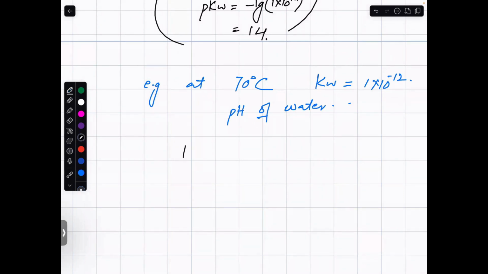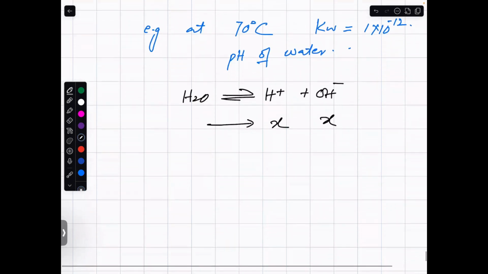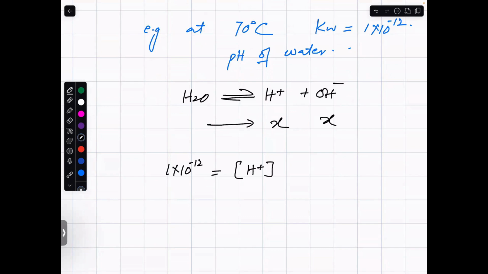You know that when water ionizes, it produces H plus and OH equally. So if it ionizes, produces X H plus and X OH, and Kw, 10 power minus 12, is equal to H plus times OH, right? So if you know Kw and you know that they're both equal, can I substitute OH by H plus?